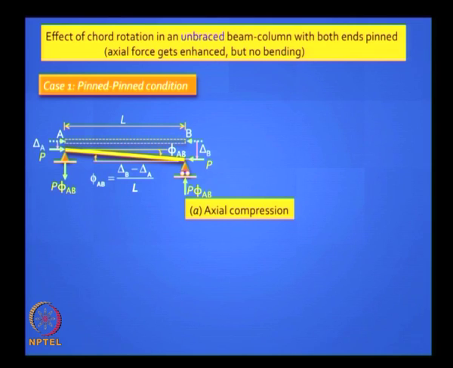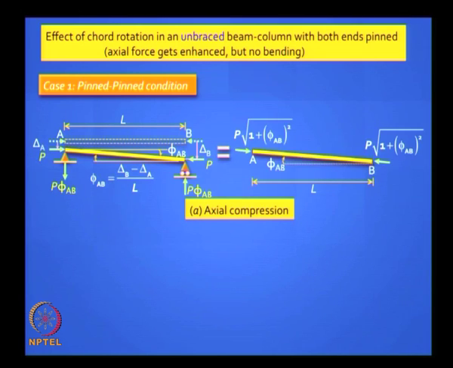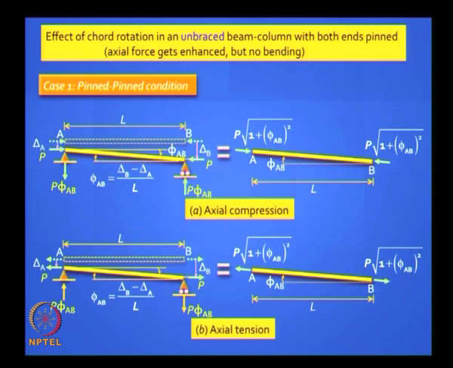To satisfy equilibrium in the deformed configuration, you get now a vertical force. So what's your net axial force? It's not going to be P anymore because you have vertical reactions in the deformed configuration. So it's going to be the resultant of P and P phi AB. Phi is your chord rotation, right? So if it's in compression it will look like this, if it's in tension it will look like that.